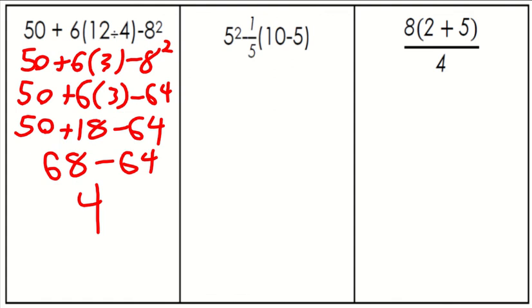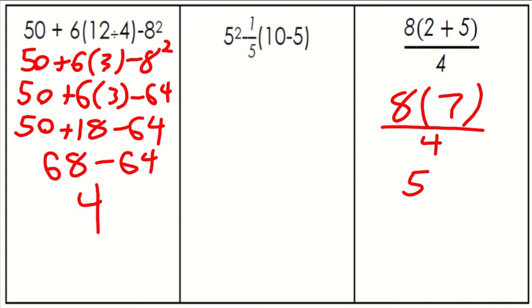So on top, we do 2 plus 5, that's 7, and that's still over 4. 8 times 7 is 56, and now we're dividing by 4. 56 divided by 4 will give me 14. Okay? Kind of follow on that? So if you see something over something, do the top part first. Save that division for the end. If there was like parentheses and stuff on the bottom, kind of do the top and bottom as separate problems.